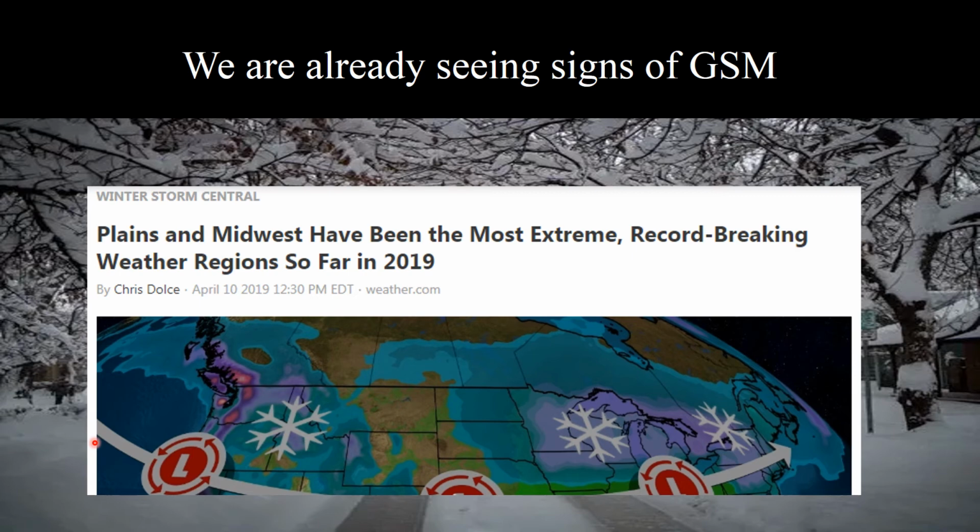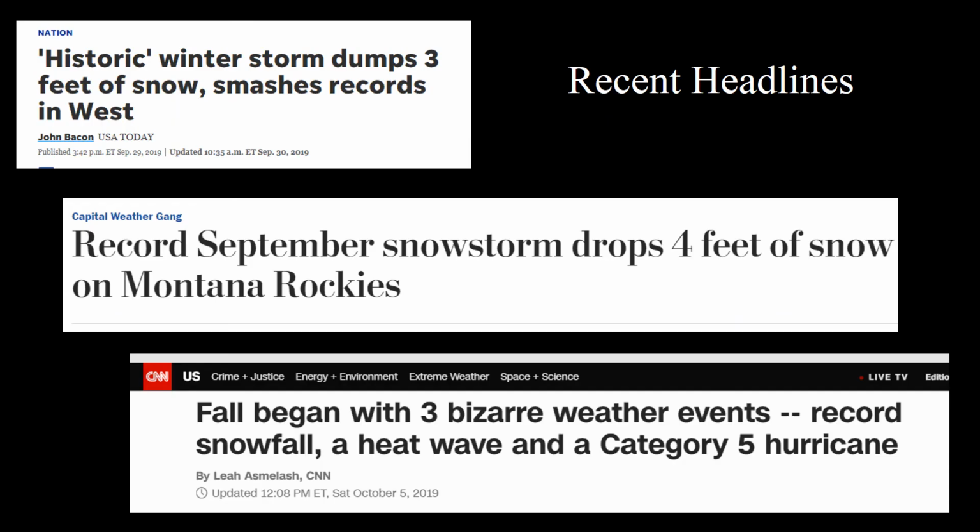This is especially evident in the northern latitudes throughout Canada, North Dakota, South Dakota, Nebraska, Minnesota, Wisconsin, Northern Europe, Russia. During the winters of 2018, 2019, and 2019, 2020, we saw record snowfall events, particularly across Colorado, Canada, California.